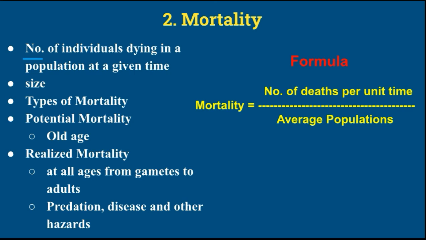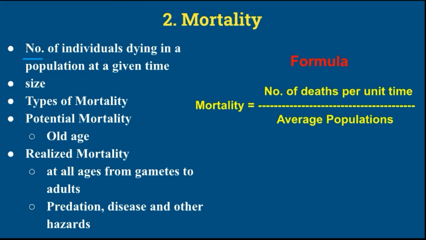Realized mortality is higher than potential mortality. Why? We have seen in various types of animals as well as human beings that the mortality rate is higher in realized mortality, because all ages, from gametes to adults, are included.